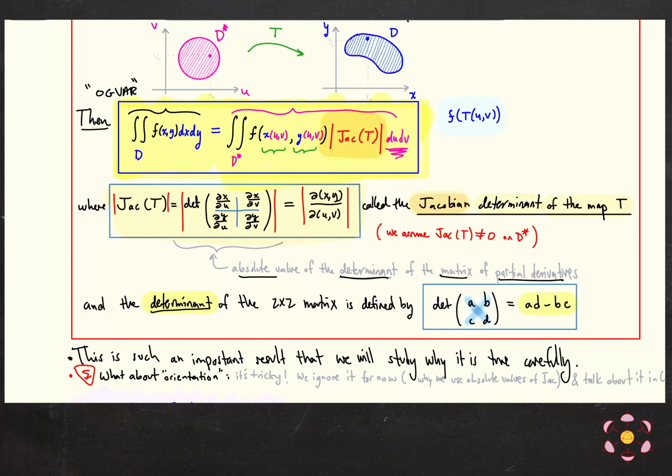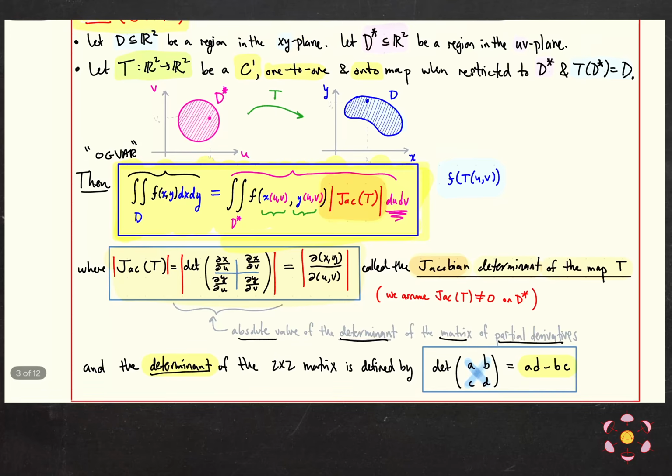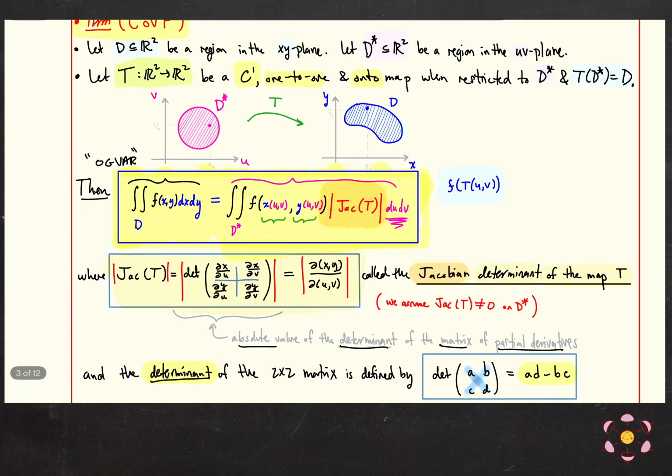Okay, so this is the change of variables theorem. I've been trying to motivate why you shouldn't be too surprised that there's this extra function called the distortion factor. This Jacobian is the distortion factor.